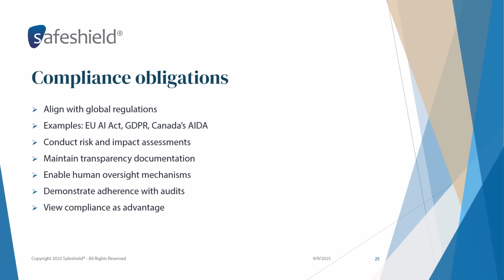Compliance obligations may include conducting risk assessments, maintaining documentation, enabling transparency, and ensuring human oversight. Failure to comply can result in significant fines, reputational damage, and loss of market access.